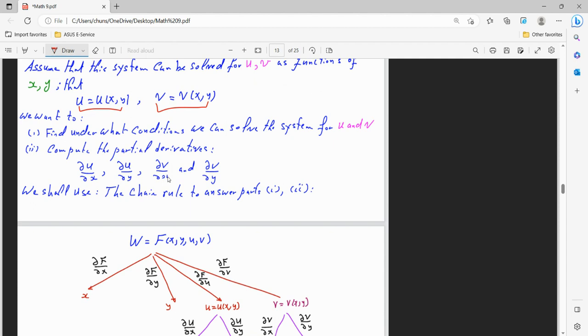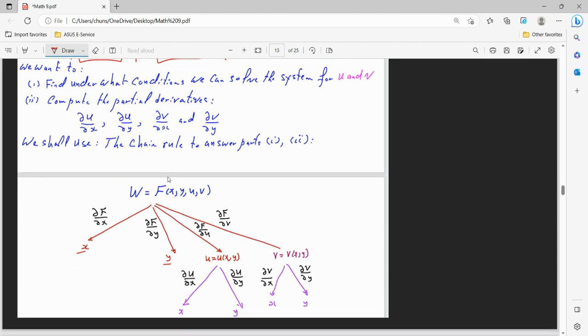Since x and y aren't given as functions, they just end at these branches, whereas since u and v are functions of x and y, we split those off into our branches to get those.